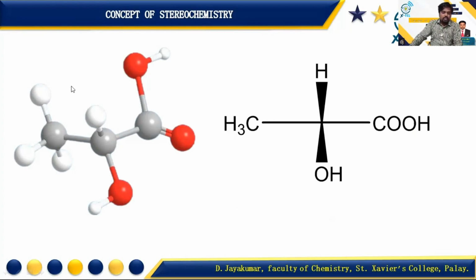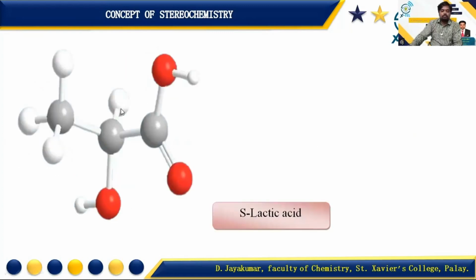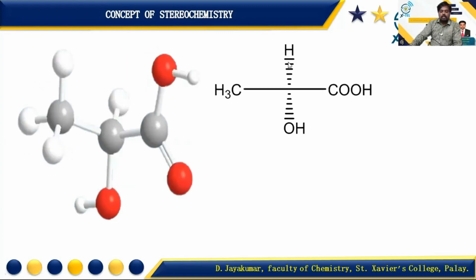So it seems to be S, but then it is R for the reason that the hydrogen is not away, vertically down. If it is away, it must be vertically down. In the former case, this hydrogen is away from me, so it is vertically down, away.